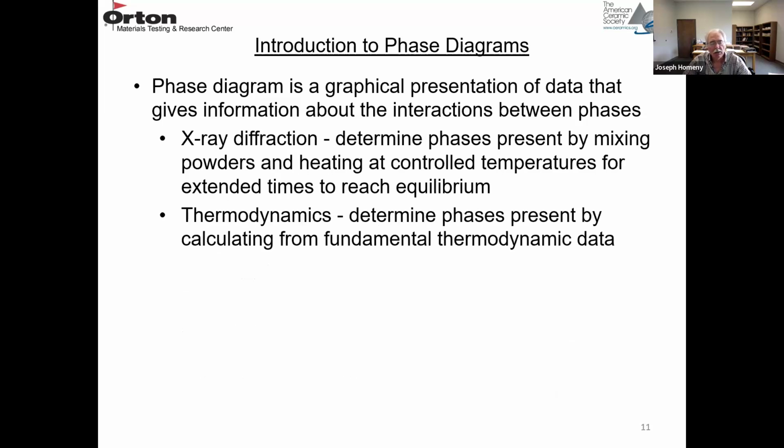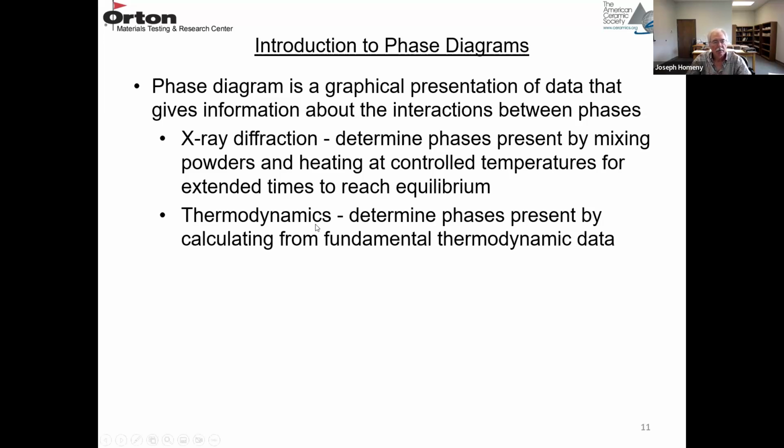So you can predict what reactions are going to take place if you have a refractory in contact with the slag. You can determine if there are going to be any low melting phases that might cause issues and result in corrosion. So phase diagrams are essential for studying corrosion.